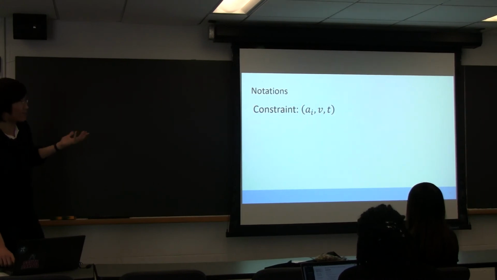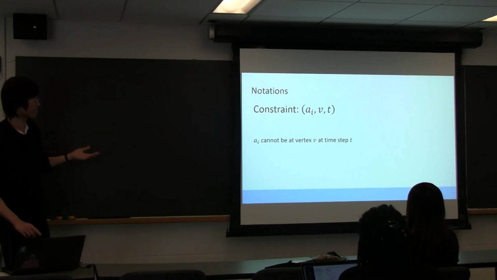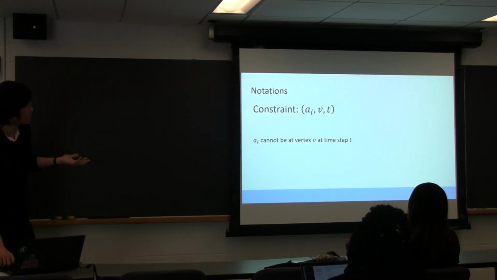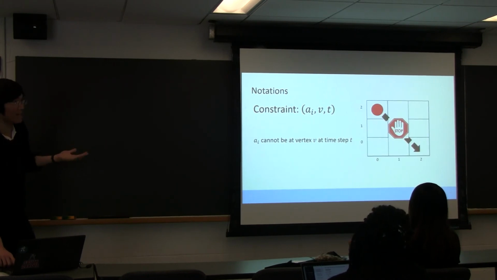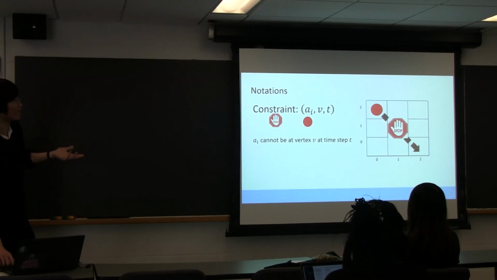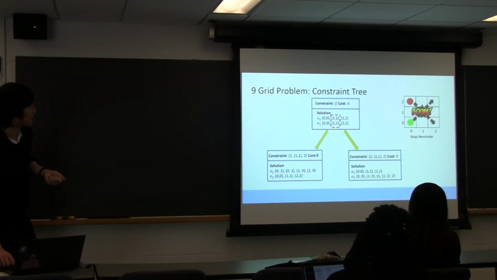And if we define a constraint as preventing a_i from being at vertex v at time step t, in the context of the 9-grid problem, that is a stop sign, where a_i is one of the agents, red or green.